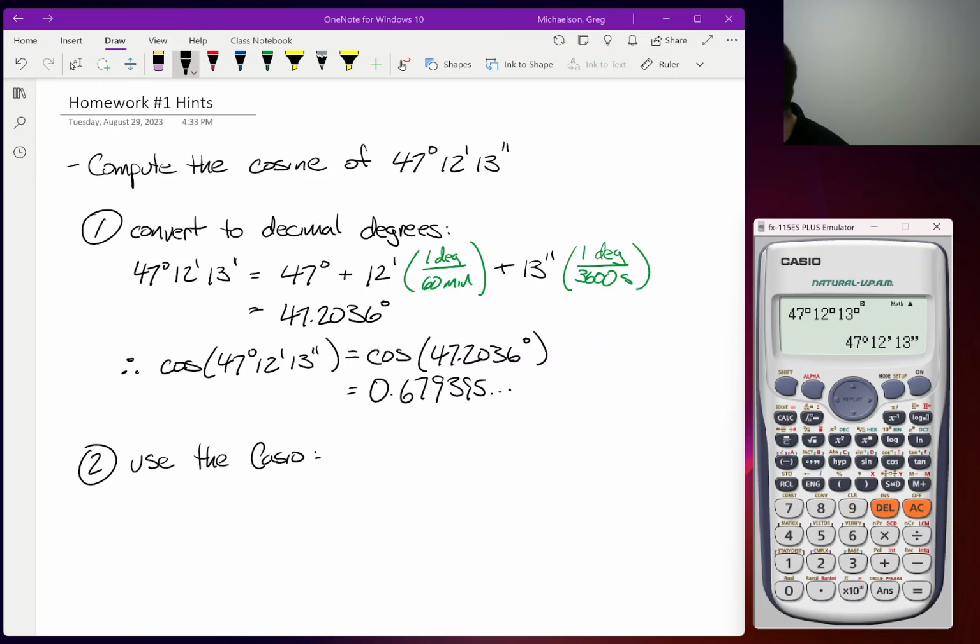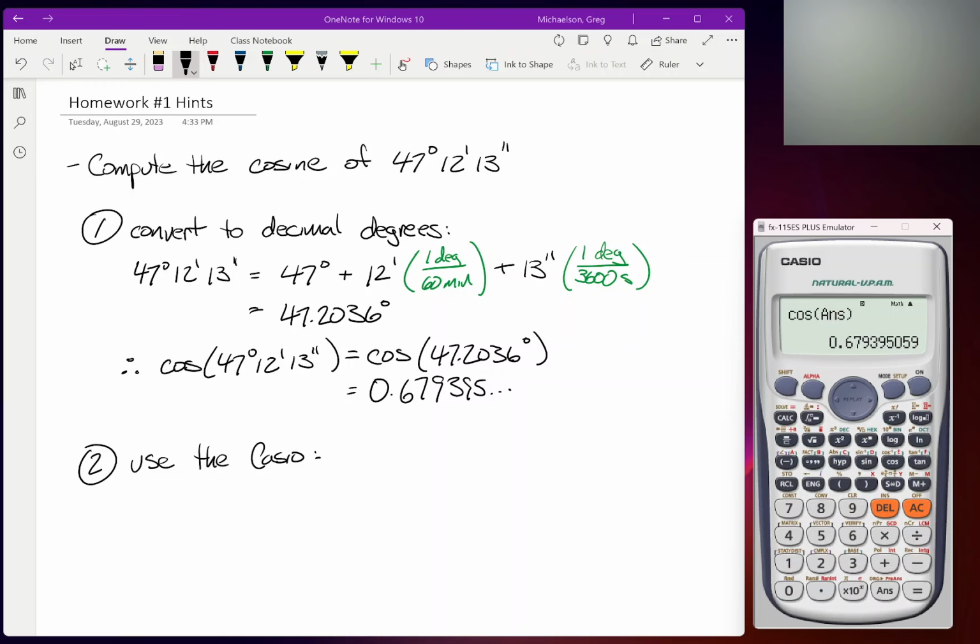You can also just press the degrees, minutes, seconds button again, and it will actually convert that into decimal degrees. So as you hit that button over and over again, you can see it's recognizing that data both in degrees, minutes, seconds format and in decimal degree format. And so you can see I have that entered, and then just cosine answer, get the same thing.